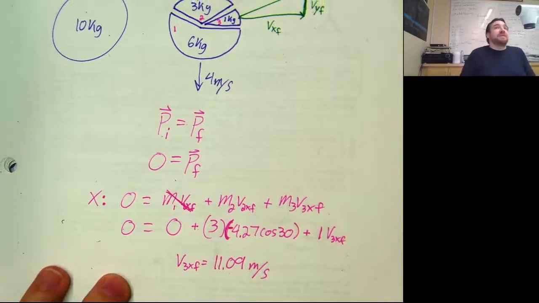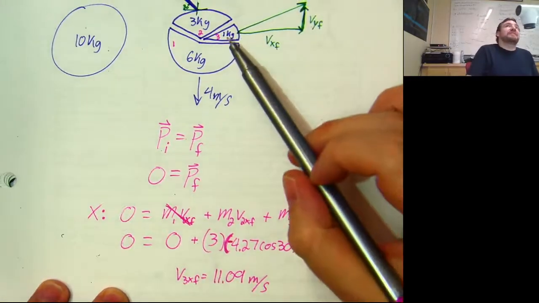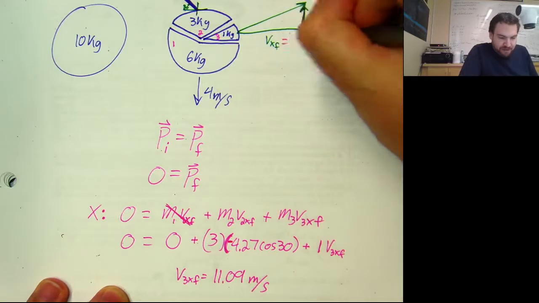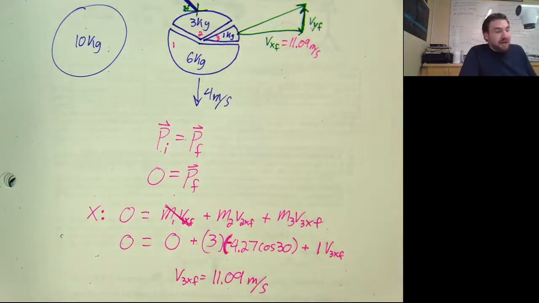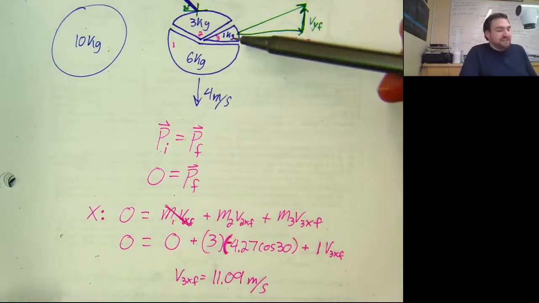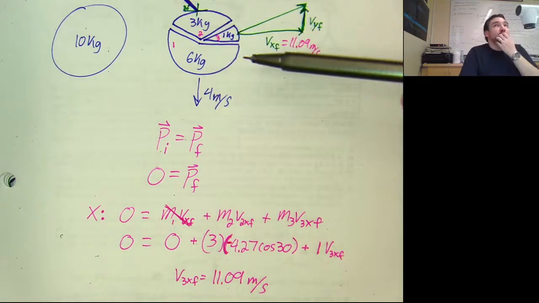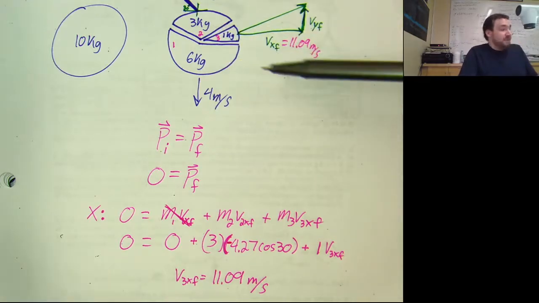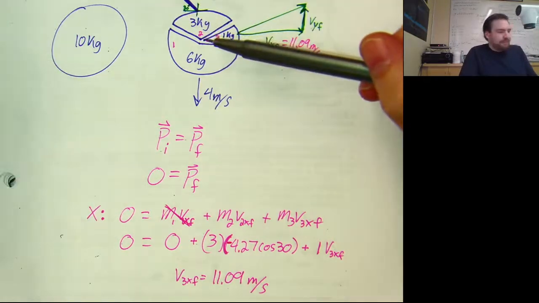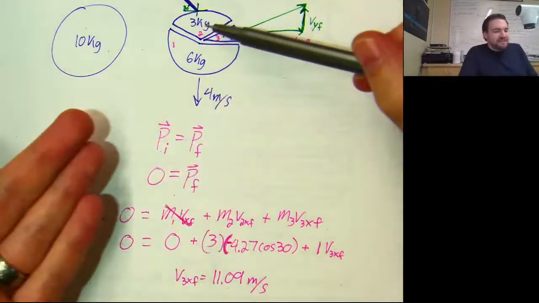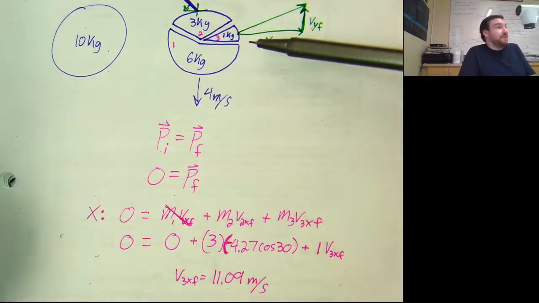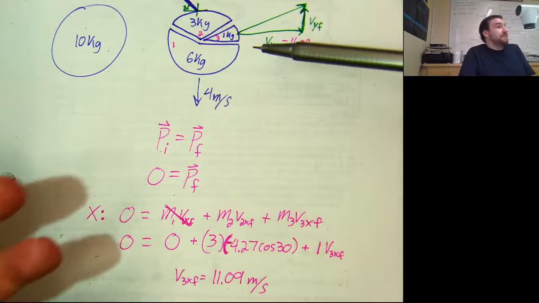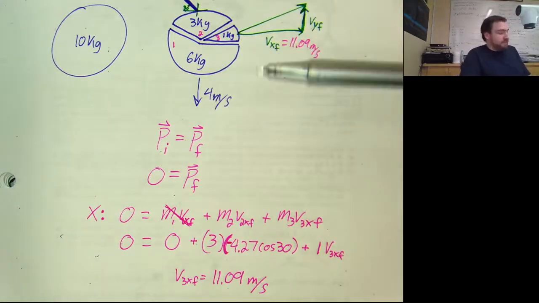It has to be positive, because our object is this guy. Now we have an x component here. It's 11.09 meters per second. He's hoofing it already, which makes sense. He weighs substantially less than the other two pieces, so to balance the momentum, it has to compensate with a much, much higher velocity because it has a much, much smaller mass.